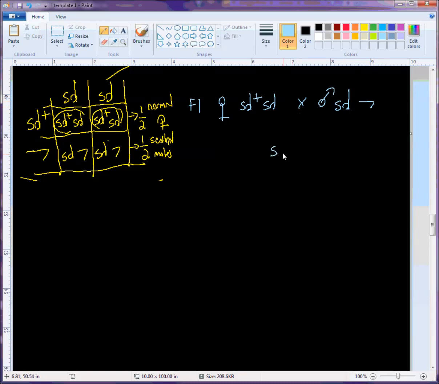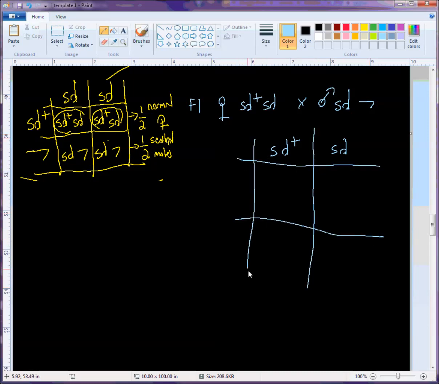So let's do the Punnett square. Draw it nice and big here, which is unusual. Normally I draw it too small and you can't even see it. So gametes for the males on the left, gametes for the females up top here. SD plus, SD, SD, SD, SD plus, and SD Y chromosome.